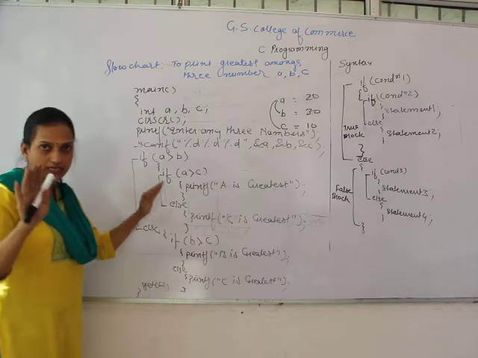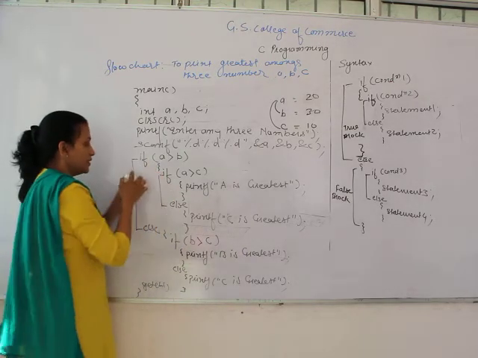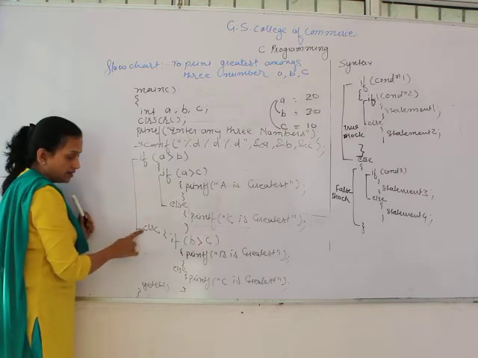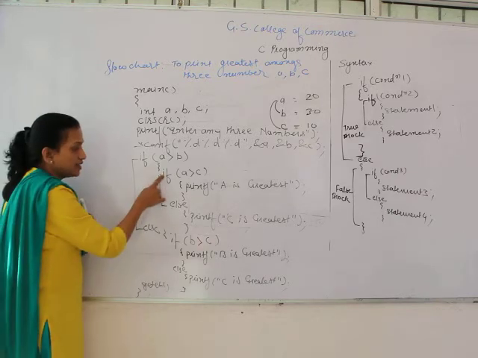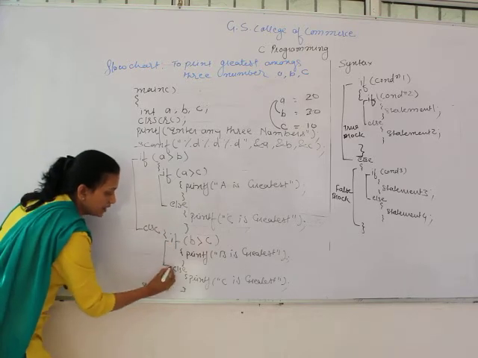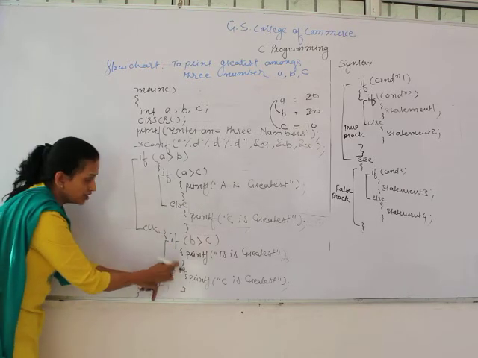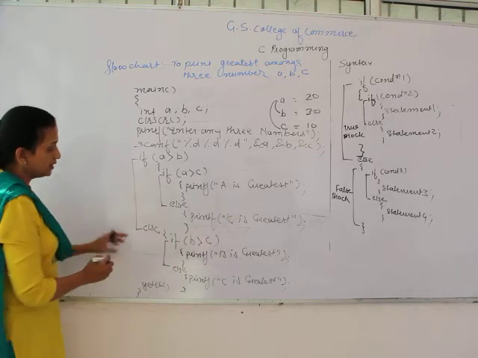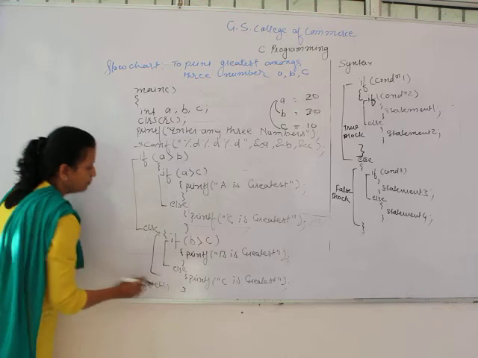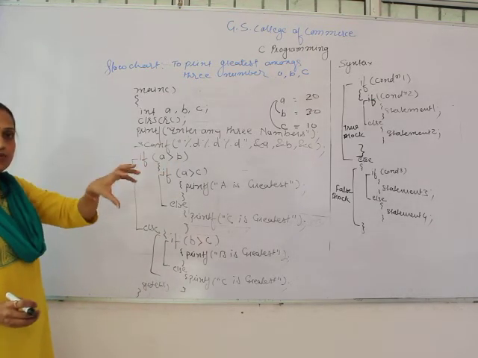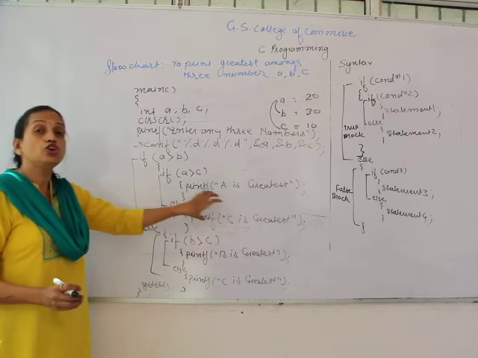Now see, once again I explain to you. For this if, here is else. For this if, here is else. This else is associated with this if statement. Now see, these are the inner blocks and these are the outer blocks. If this condition is true, the control of the program enters the true block.